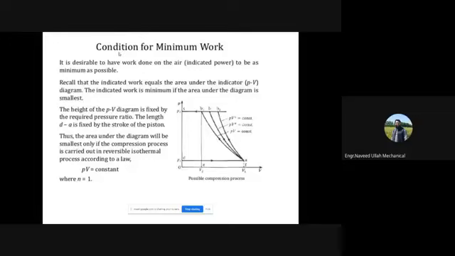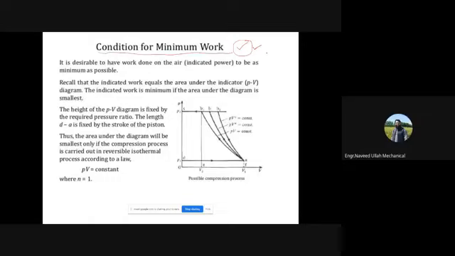So you see here there is a topic, condition for minimum work. The first thing you need to know is that compressors are power consuming devices, as I told you. So, work consuming or power consuming devices. Being an engineer, if there is equipment that consumes power, we try to decrease that power consumption.